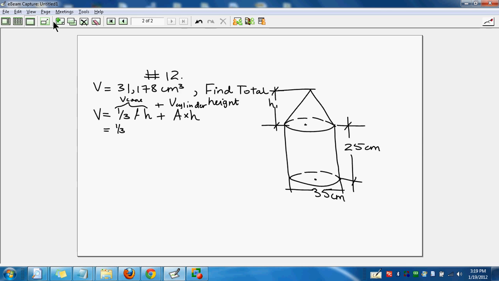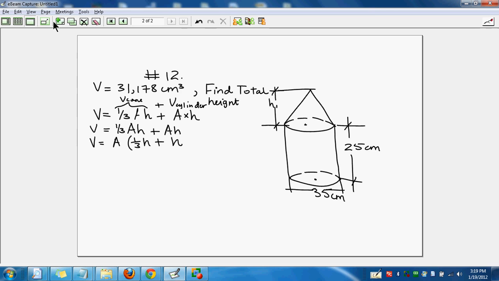So we could do something like a third into, let's write it back just to have it a little closer, like this. And if we say V is equal to this, we could say that V is equal to A into a third H plus H here.